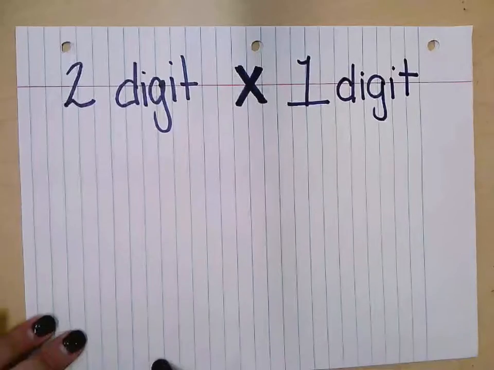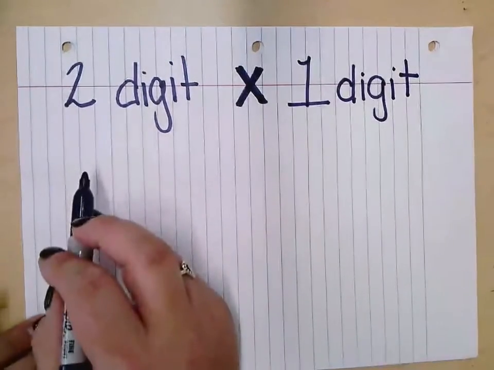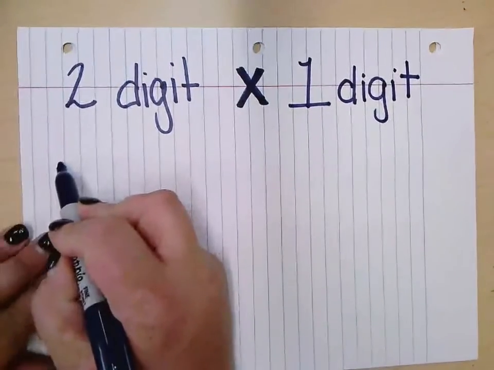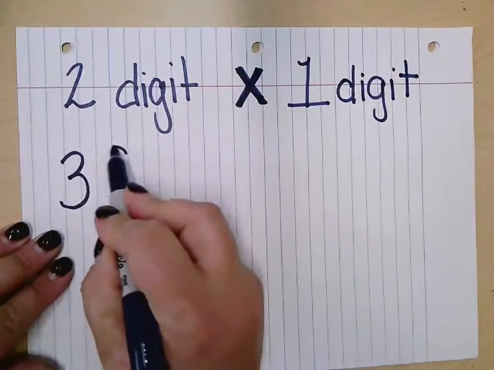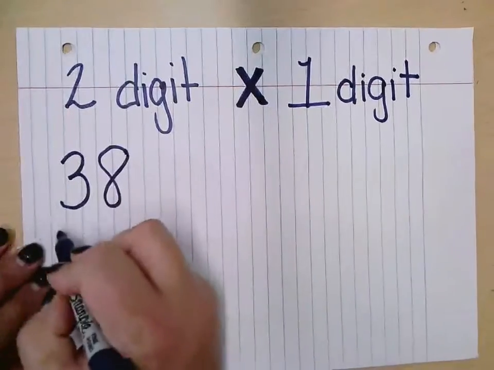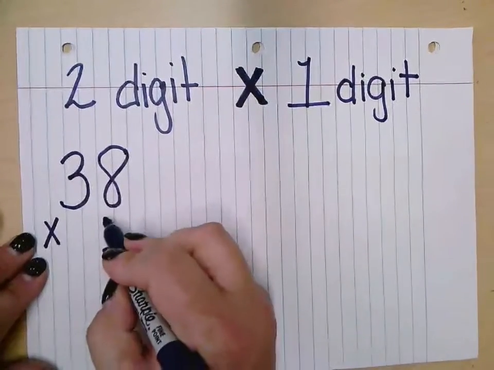Two-digit by 1-digit. And we're going to write the problem we're going to solve over here to the side. We're going to do 38 times 4.